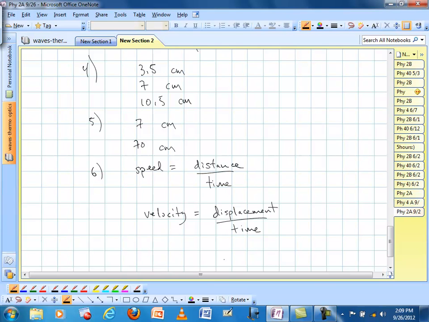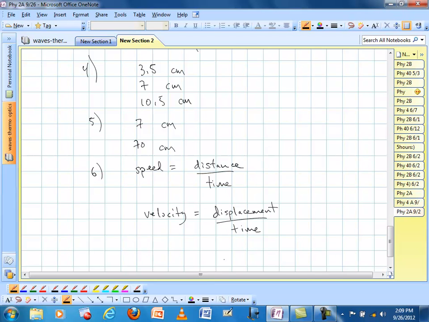Okay, the difference between these two. One is a scalar, that's speed. It only has a magnitude associated with it. So if you're driving 55 miles an hour, that's your speed. If you're driving 55 miles an hour due east, then it has a magnitude and a direction associated with it. That's velocity. What's the difference between distance and displacement?